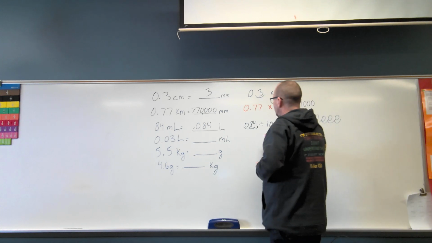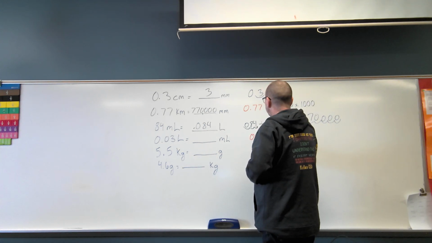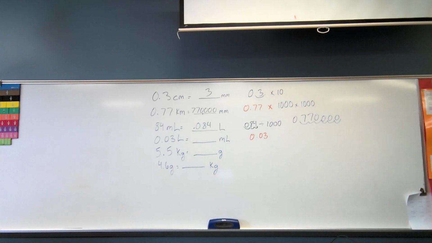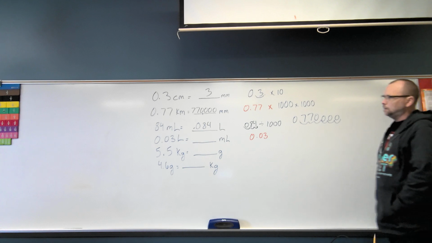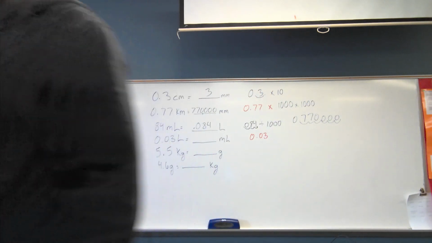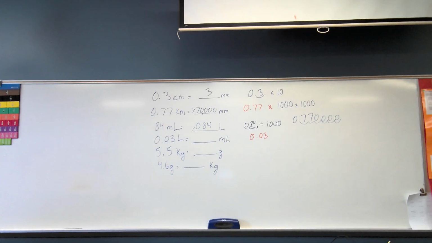3/100ths of a liter. So I'm going to do something with my 3/100ths. I'm either going to multiply or divide something by my 3/100ths. I'm going from liters to milliliters. Which is bigger, a liter or a milliliter? A liter.